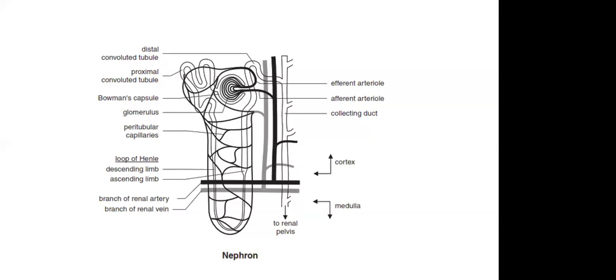Animals with long loops of Henle are those found in dry or arid environments, and those with short or non-existent ones are found in places where there's an abundance of water.